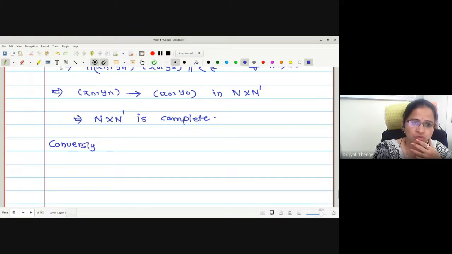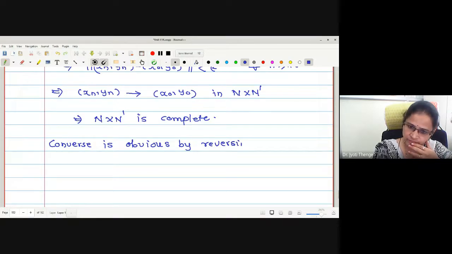The converse is obvious by reversing the steps. Hence the proof.